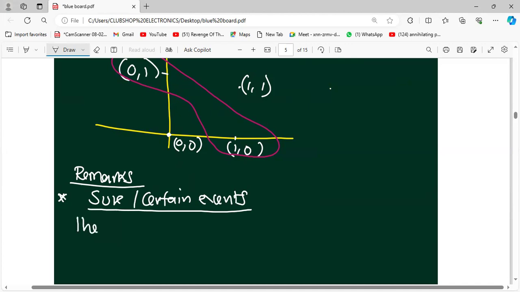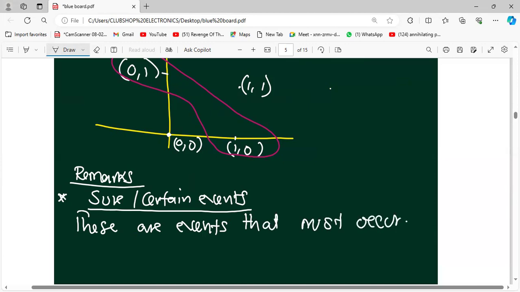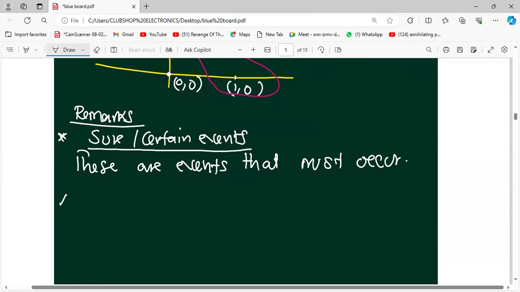These are events that must occur. It's a must. These are sure events. Next one is impossible events.